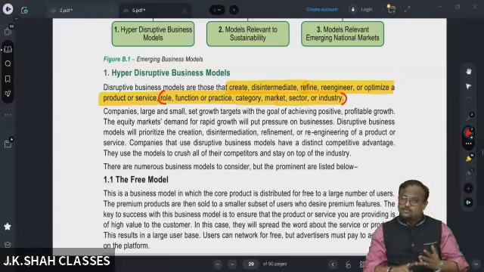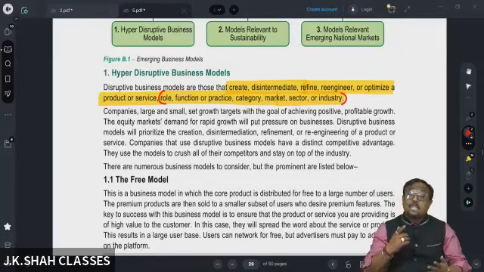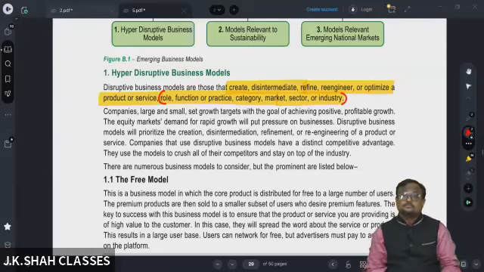Then Amazon in terms of shopping, Tesla in the automobile manufacturing industry, Zara in fashion products, Apple in telecommunication. And the biggest example is Netflix, DTH.